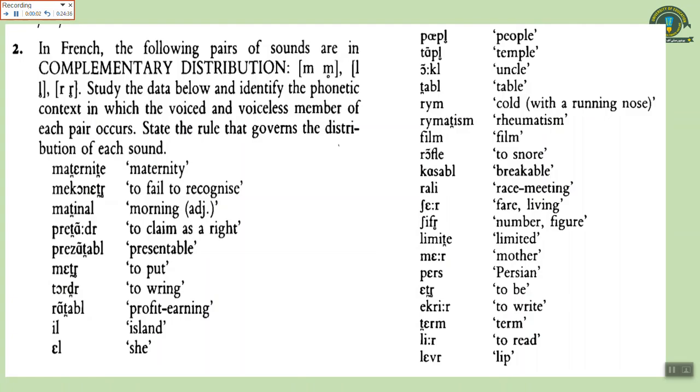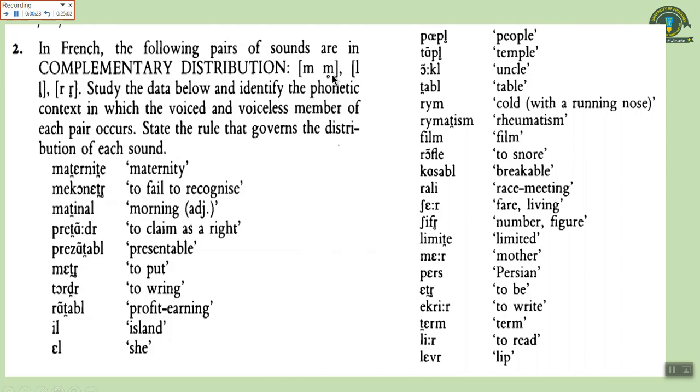There is another activity here. I am going to read the instructions. In French, the following pairs of sounds are in complementary distribution. Now m and this small circle beneath m is actually showing that this is devoiced.